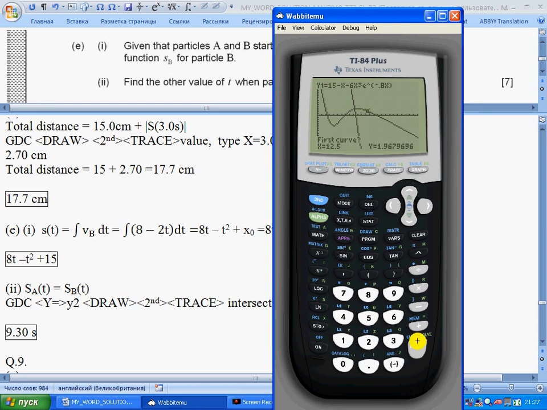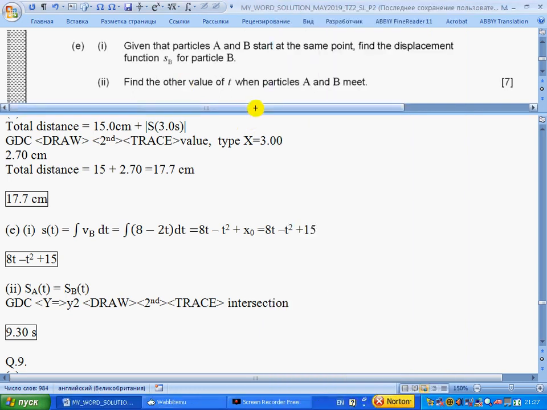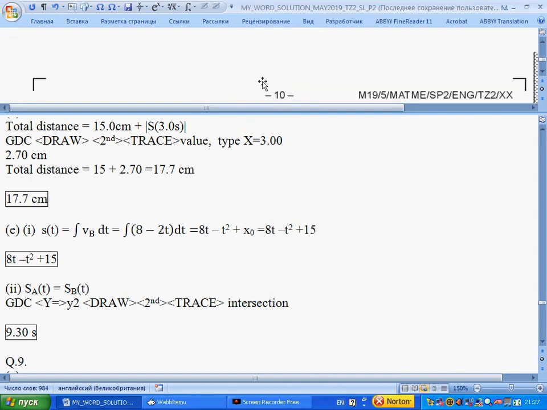First curve, second curve, guess, and it should be 9.30 seconds. So done. This question is done. Question 9.